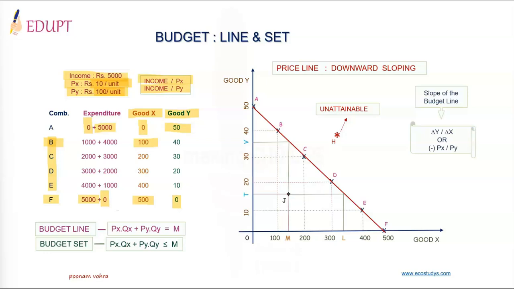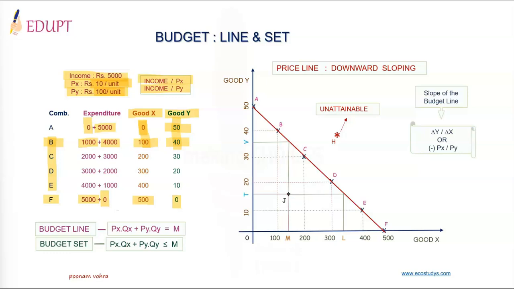In that case, he needs to spend 1,000 on X. So he is left with rupees 4,000 and hence he can buy only 40 units of good Y, implying sacrifice of 10 units of Y to get 100 units of good X.